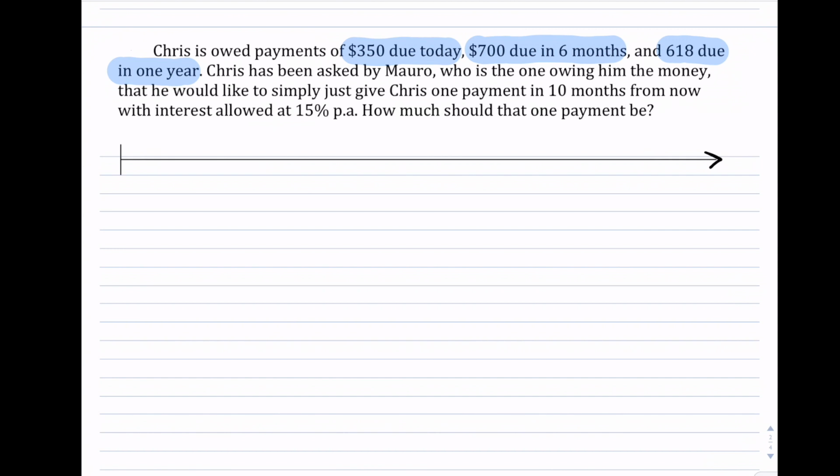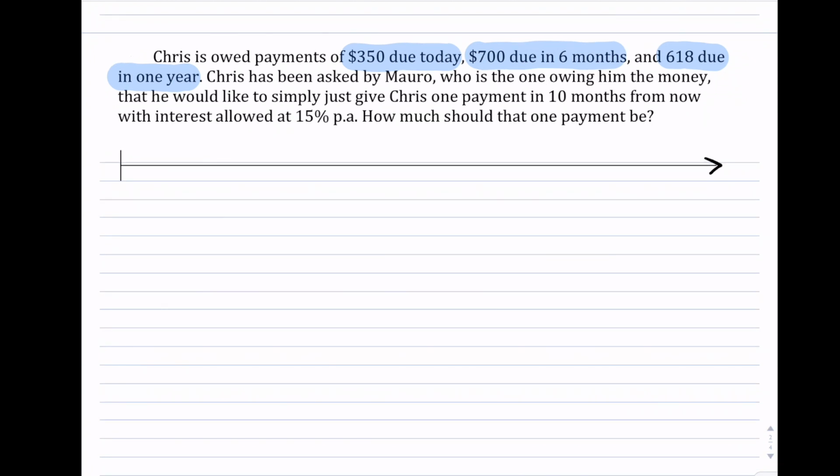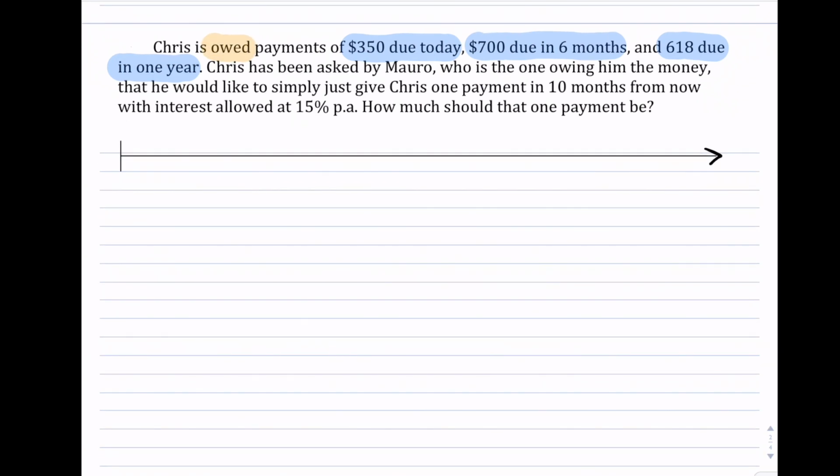Now we are owed payments. So we are owed these payments. Now $350 is owed to us today, whatever day that might be.